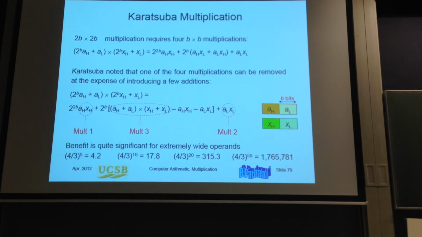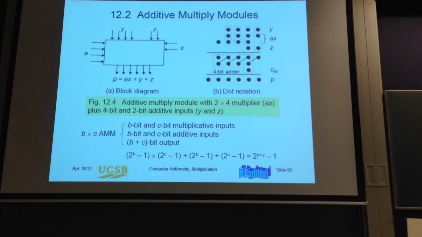But in hardware, as far as I know, it's not a way to implement things. But, you know, this is a nice example that when you play with formulas, simple arithmetical manipulations can save you hardware or computation time.